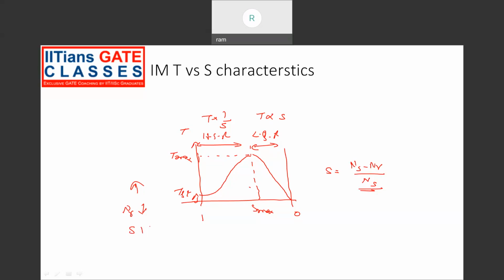As slip decreases, the current drawn from the rails increases, thereby increasing the electromagnetic torque till this region is. Go to the next slide where we'll be seeing the torque versus slip characteristics with varying supply voltage.